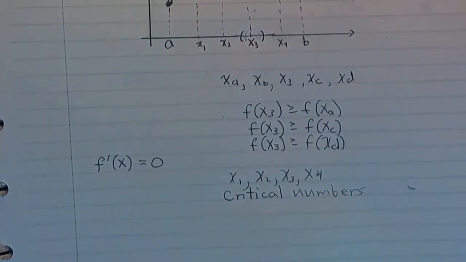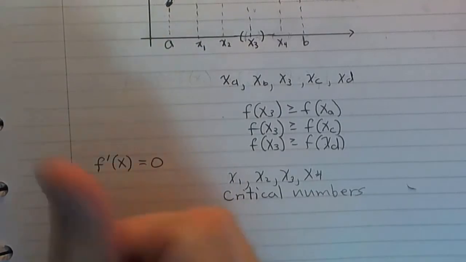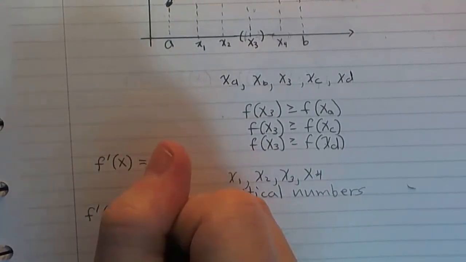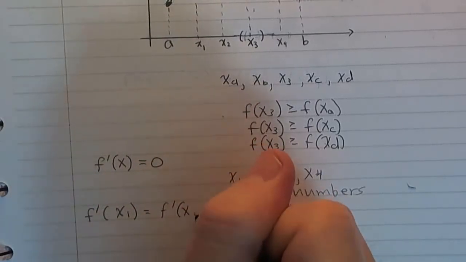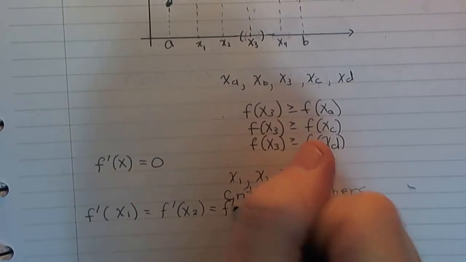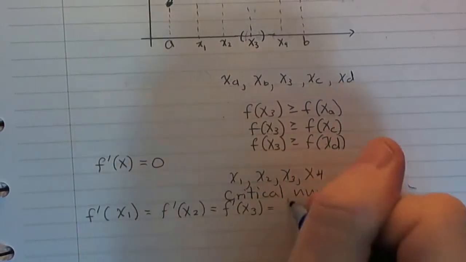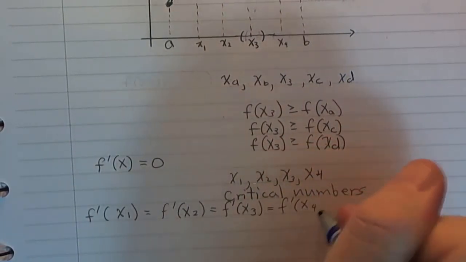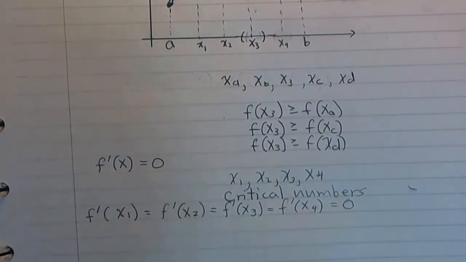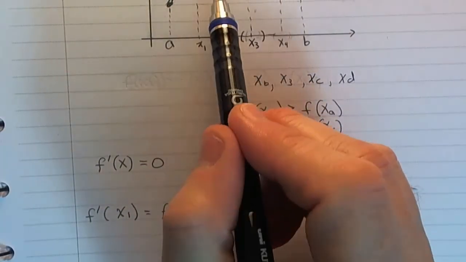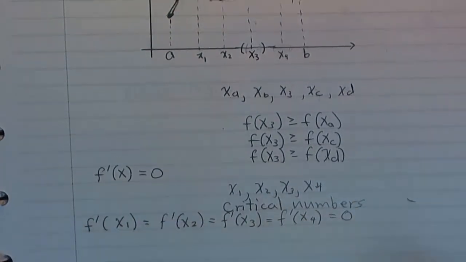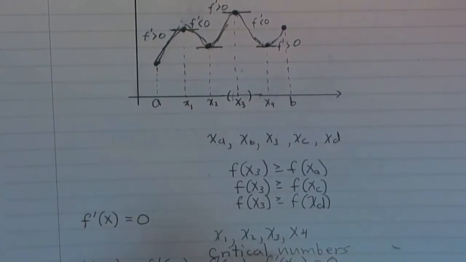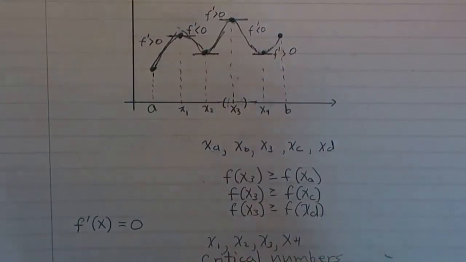These are called critical numbers, and the reason we call them critical numbers is because at each of these places, the derivative is equal to 0. So you notice this: these maxes and mins occur at critical numbers. They occur when the derivative is equal to 0. Those are critical numbers.